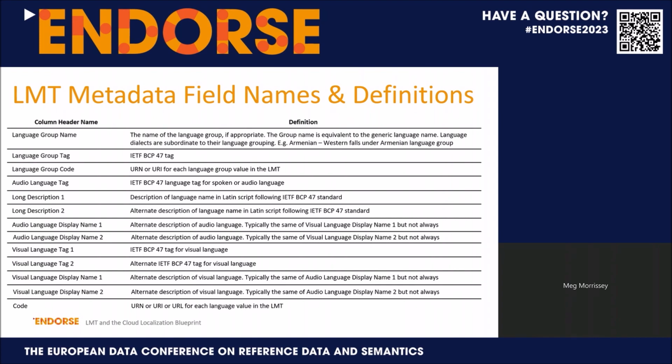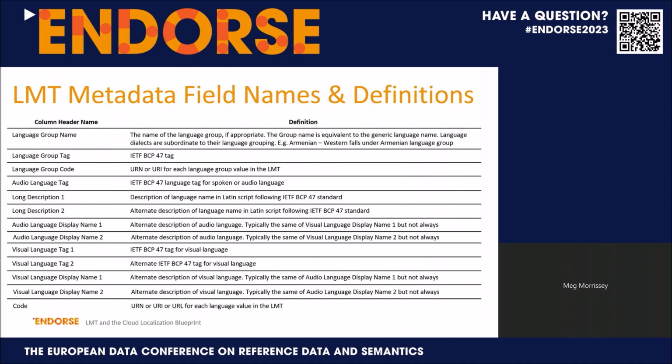And another little bit of a breakdown here. We do provide language grouping because that can provide structure and flexibility for localization. We provide that audio tag. We have multiple options for descriptions for that long description, and the same with the display name, because occasionally there are multiple options that are on equal footing, or there is an alternative, and we want to make sure that we are accommodating for that.